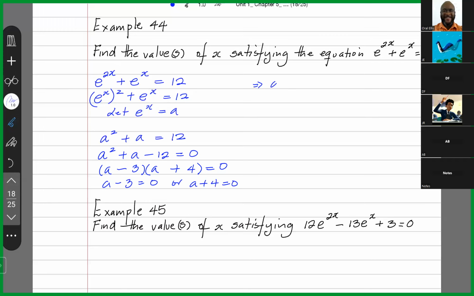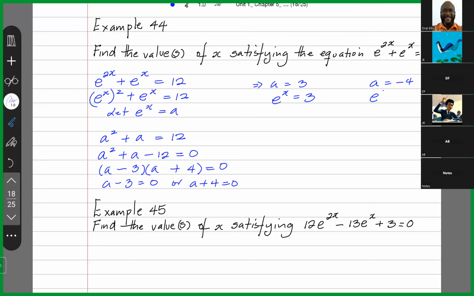Therefore, a is equal to 3, or a is equal to minus 4. Now remember, a was actually e to the x. So e to the x is equal to 3. Remember, our objective is to find out what x is.